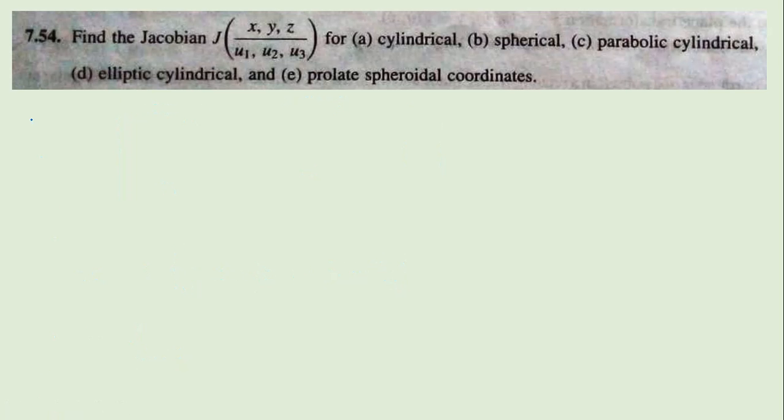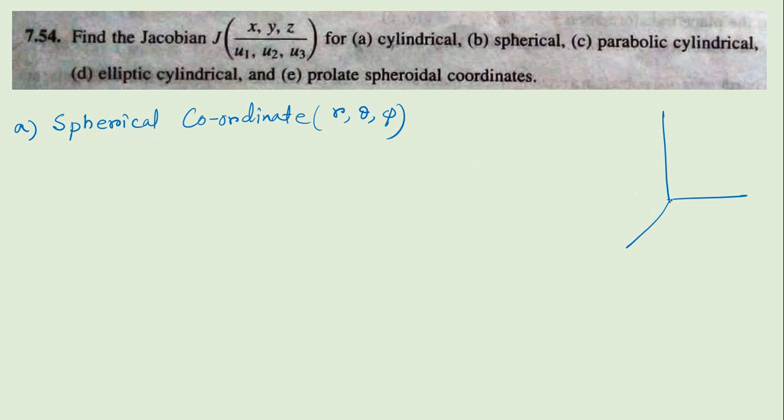Go to the next one, that is the spherical coordinate system. In the spherical coordinates you know r, theta, phi: this is r, theta is this angle, and phi is the angle from that.